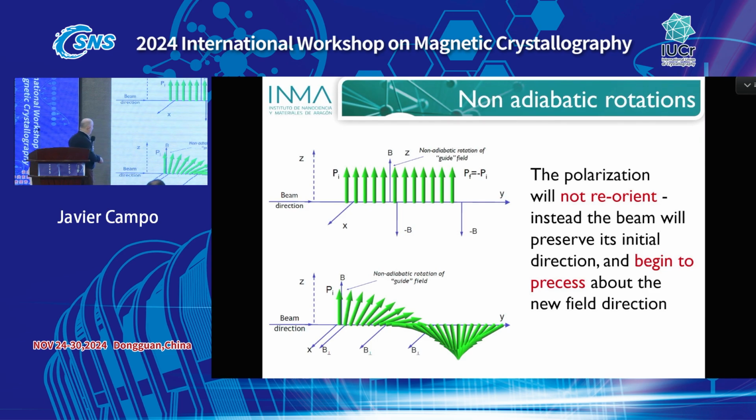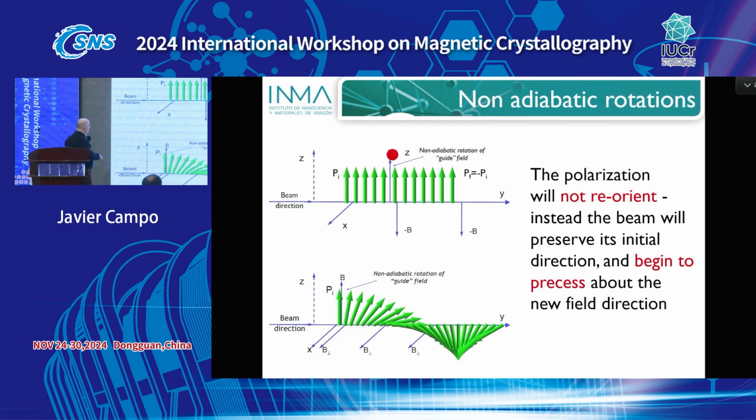Or, if you want, I can change rapidly the magnetic field from one direction to the other, and the rotation of the precession will immediately be adapted to the new magnetic field. Okay? This is not the total polarization that is changing, but we use the change of the precession here.